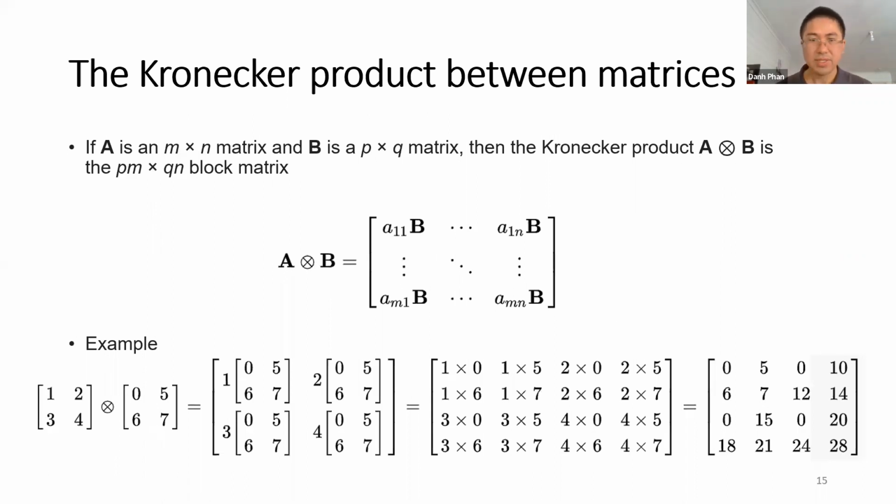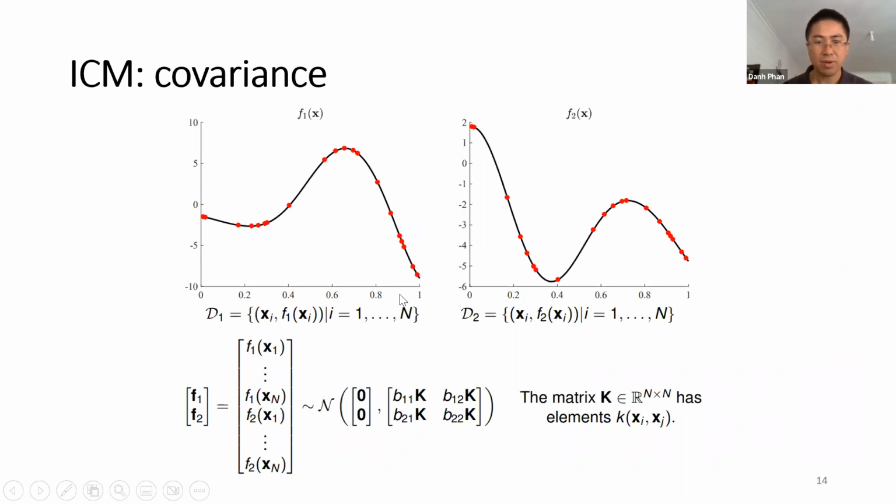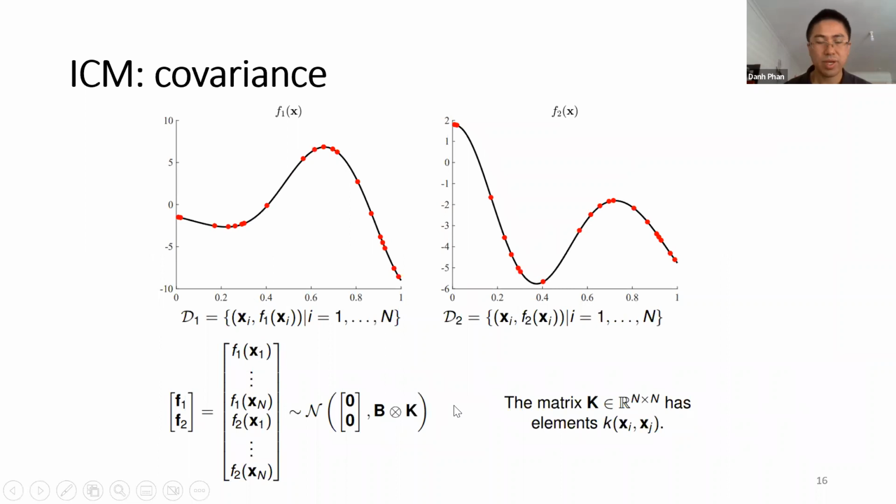So if you see this notation here, and we come back to our previous one, this one actually is the Kronecker product between matrix B with kernel matrix K, right? So that's why we can represent the covariance function here as a Kronecker product between the Coregion kernel B and the kernel K. All right.